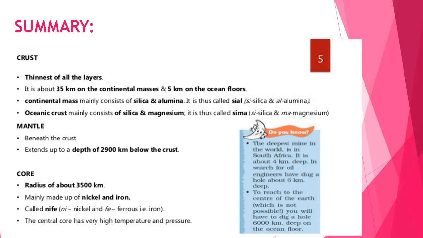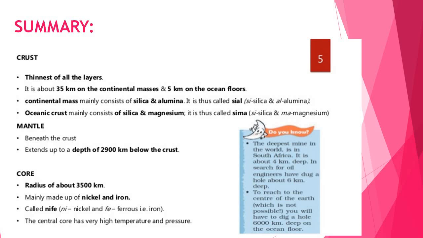We studied the three layers of the Earth, which are the crust, mantle, and core. The crust is the thinnest of all layers, and it extends up to 35 km on the continental masses and 5 km on the ocean floors. The continental mass mainly consists of silica and aluminium. It is called Sial. And the oceanic crust mainly consists of silica and magnesium, which is known as Sima.